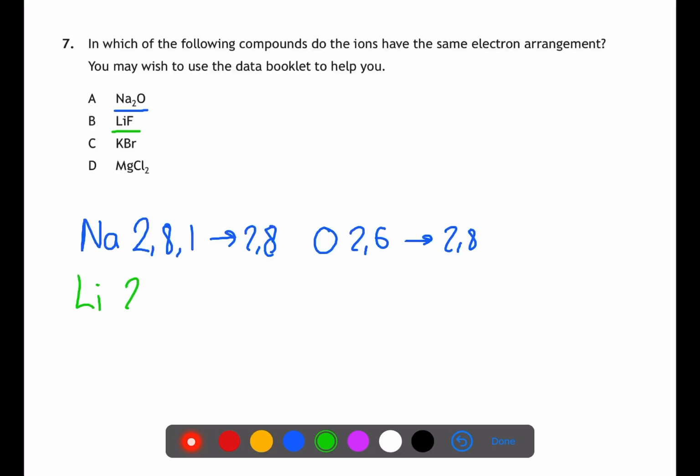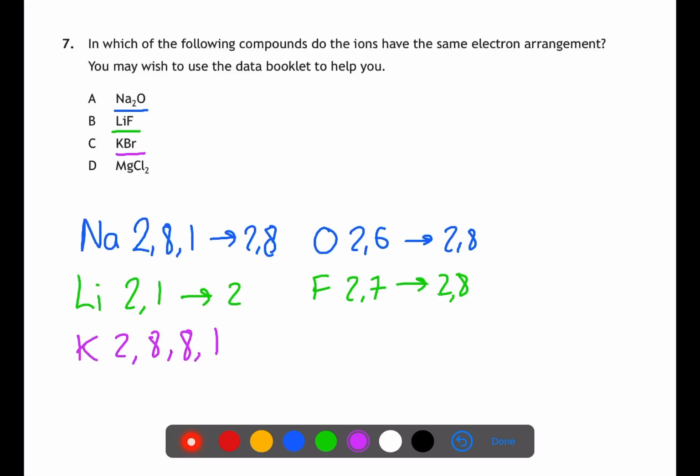So lithium is 2,1 and becomes 2. Fluorine is 2,7 and becomes 2,8 by gaining an electron. Potassium is 2,8,8,1 and becomes 2,8,8.